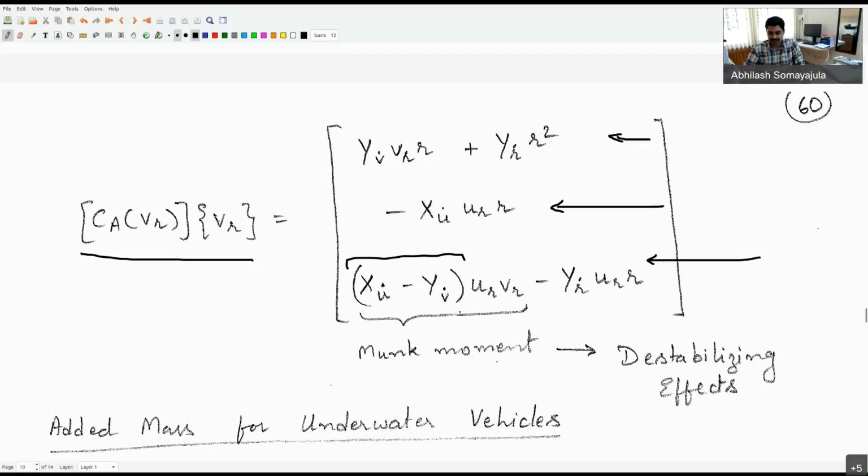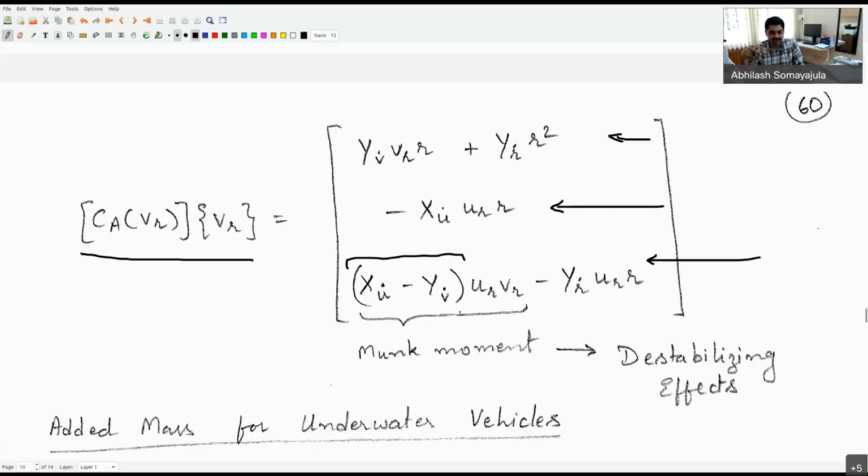For certain ship types also, they can have a destabilizing effect. But for our purposes, this is not going to be relevant. It is more of a topic for a course on ship dynamics and hydrodynamics. For our purposes, we will just understand that this term is called a Munk moment.